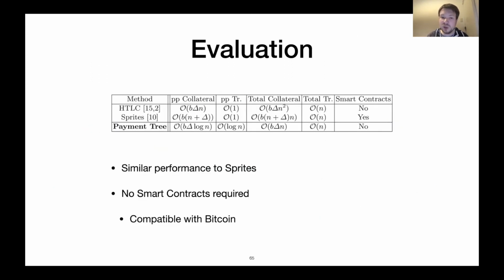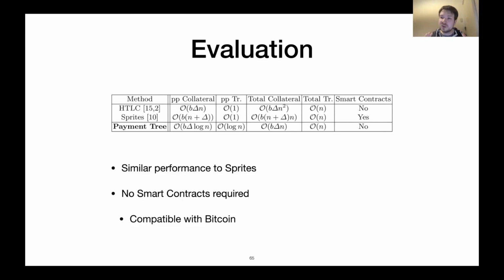Now, when evaluating our approach, we show that the worst-case time for an individual party is logarithmic in the payment path length. This would be the case for the party that acts as intermediary on the very top of the construction of the payment tree.